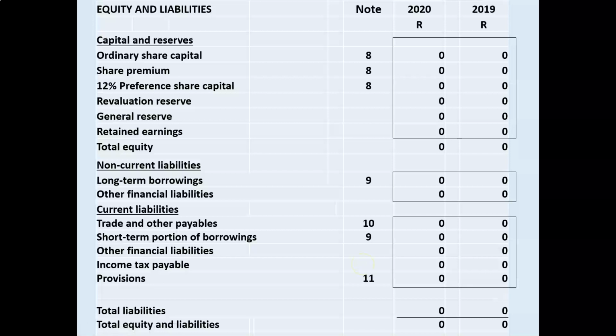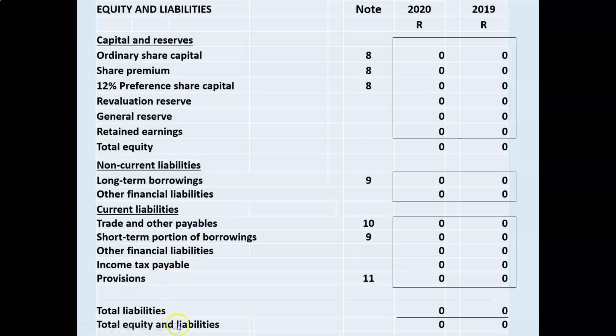Income tax. Now we're working with companies. A sole proprietor or a partnership is not a legal person in their own right, so they don't pay tax in their own right. However, a company is a legal person in the eyes of the law, so they are liable to pay their own taxes, and that is income tax.